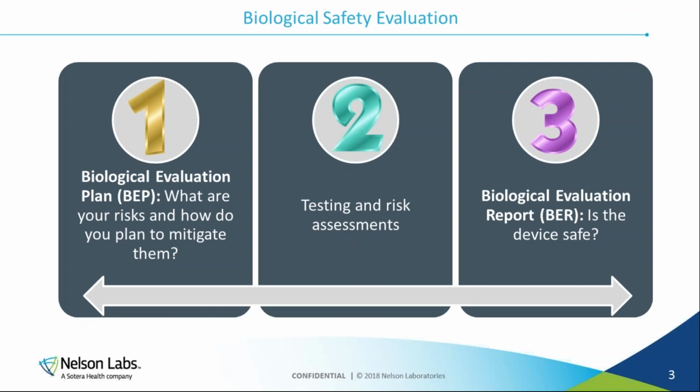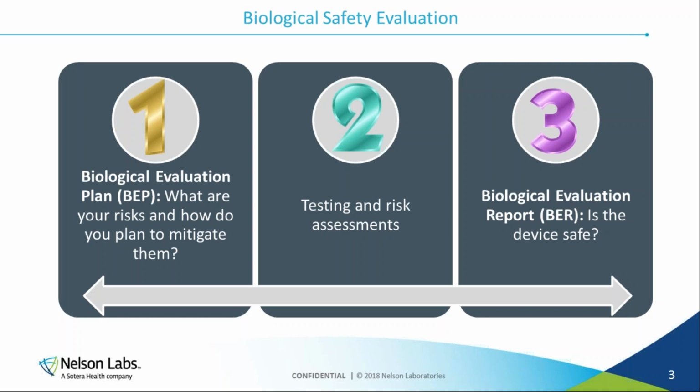So when we look at a biological evaluation plan, we're going to take into consideration everything we already know about our device, including materials, processes, maybe previous devices where those same materials and processes are used, and then also if this device is brand new to market. So we're going to take all that into consideration and then determine where there are any gaps to mitigate risks to the patient.